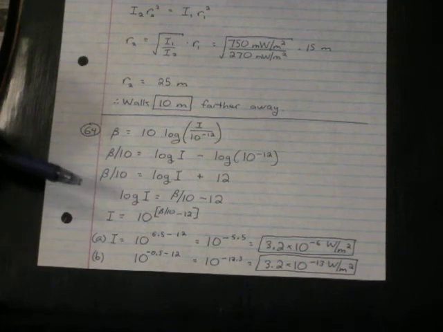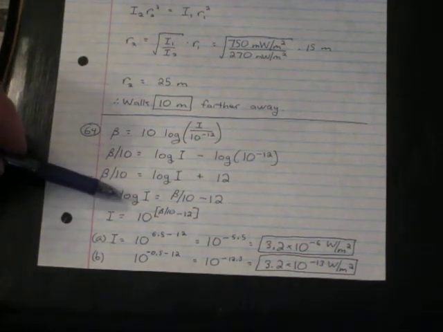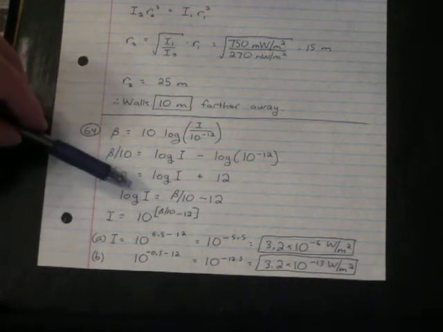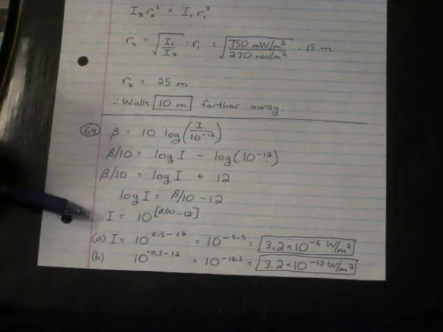When we turn this into an exponential equation, since it's logarithm base 10, we've got 10 to the beta over 10 minus 12 equals I. That's converting the equation in this line from a logarithmic equation to an exponential equation.